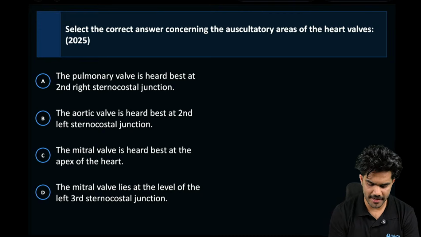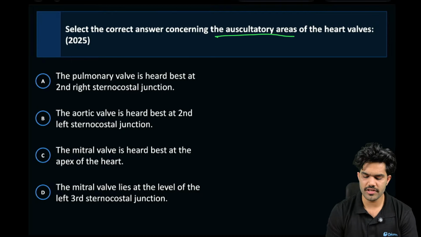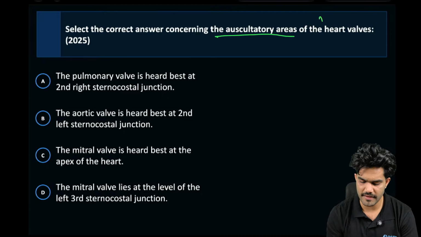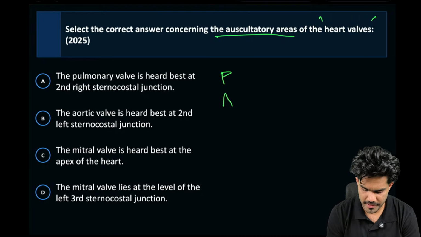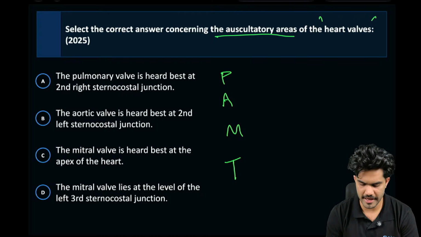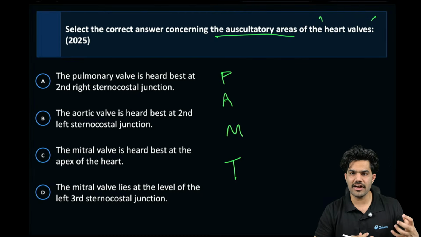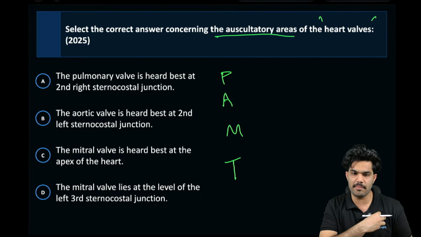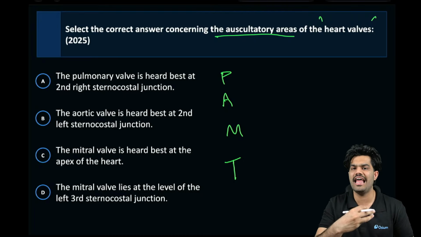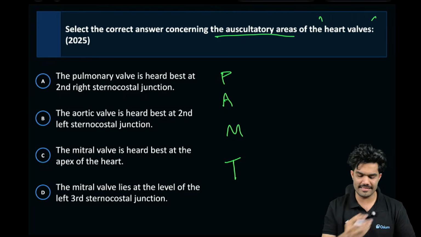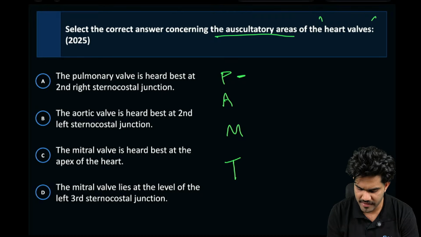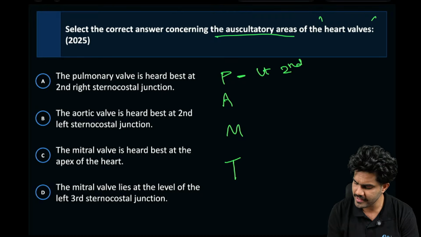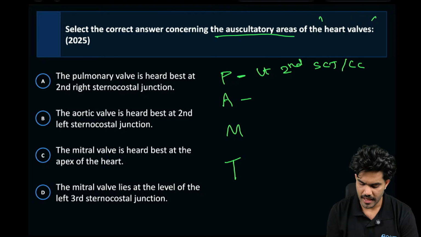Select the correct statement concerning auscultatory areas of heart valves. Okay, auscultatory areas. Let me be clear about the auscultatory areas. It means in clinical cardiology, where we are auscultating the patient, where we are hearing these valves perfectly. For the pulmonary valve, we have the left second sternocostal junction or costal cartilage.